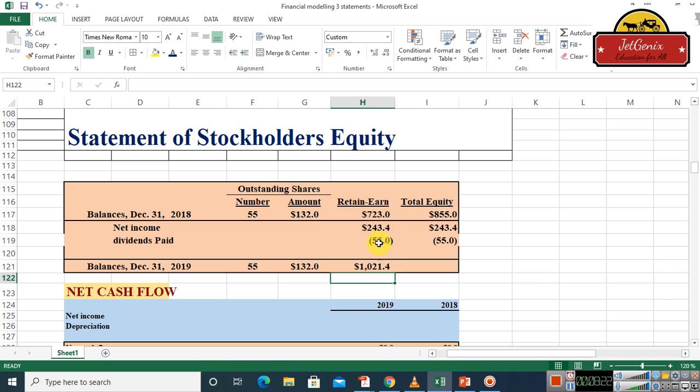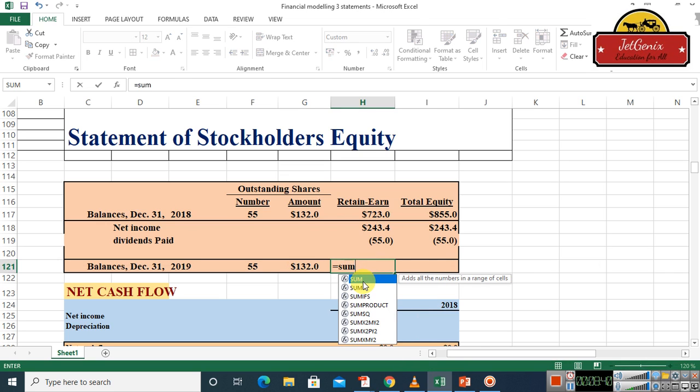Okay, sorry guys, I have done something wrong here. How I'm going to calculate it is equivalent to SUM. This is the sum, and let me try it.